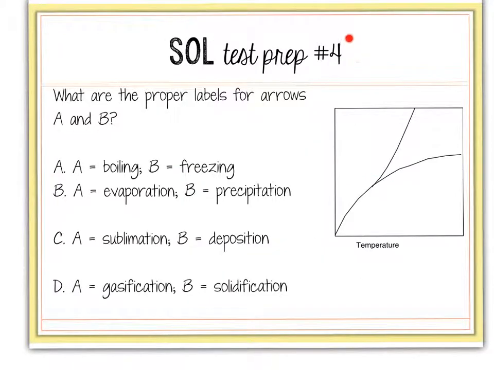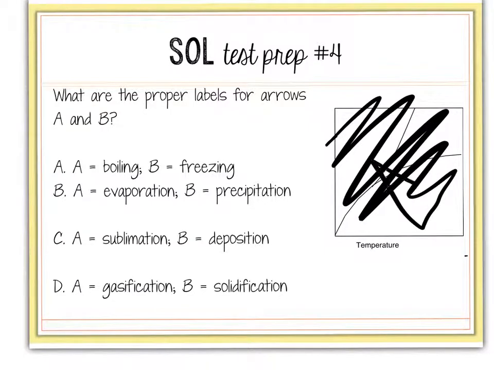Okay, test prep question number 4. Please use the diagram on your paper and not this one here, because the program that I'm using to record this, for whatever reason, did not actually include the information. This picture is not the way it's supposed to be, but if you look at your picture, then you will see the arrows that are present.